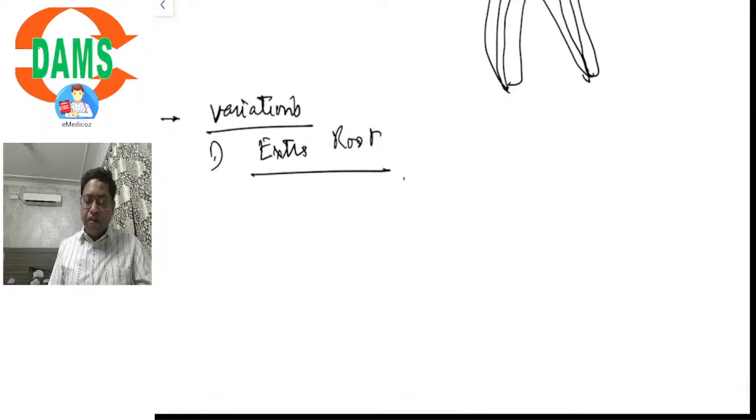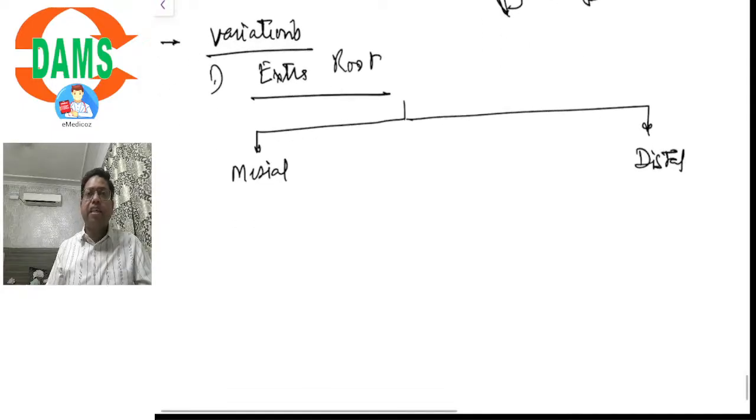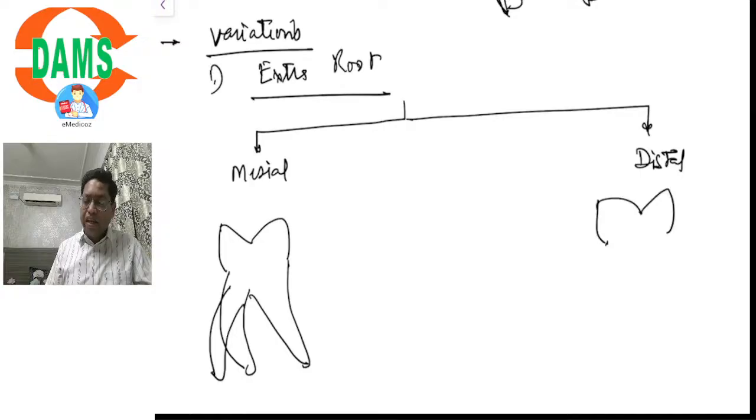This extra root can be located either on the mesial side or it can be located on the distal side of the tooth. Extra mesial root, extra distal root. So there can be a mandibular molar with an extra mesial root like this. There can be a mandibular molar with extra distal root like this.